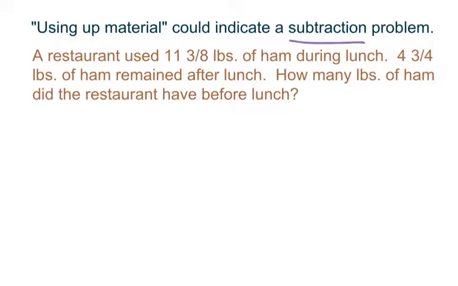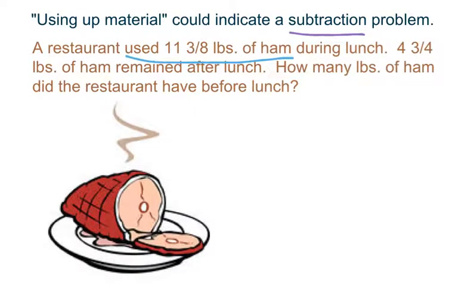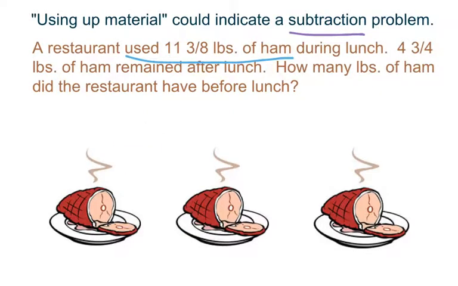So here they used up material. In this case, they used up food. So the restaurant used 11 3/8 pounds. So here we started out with a lot of ham.